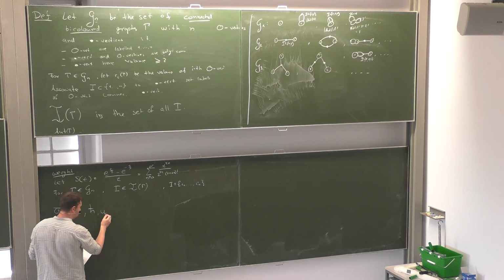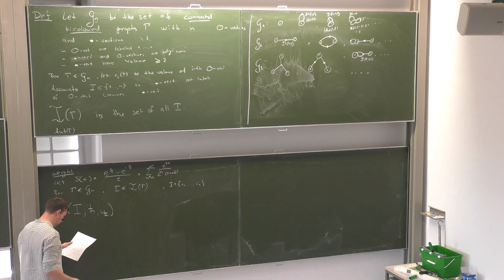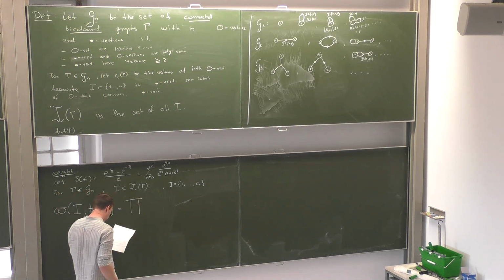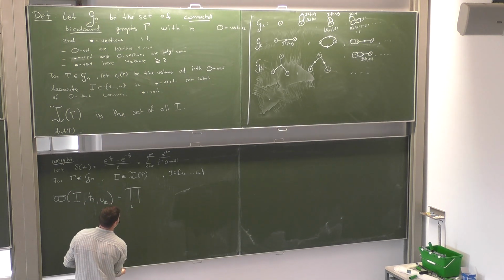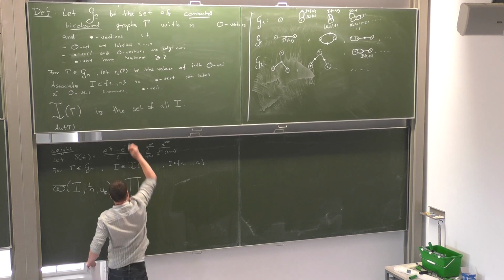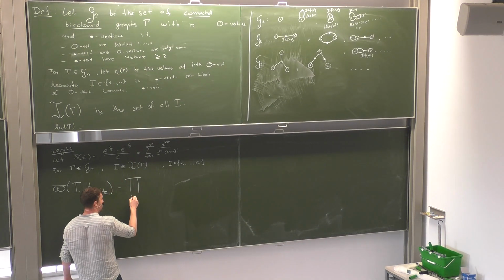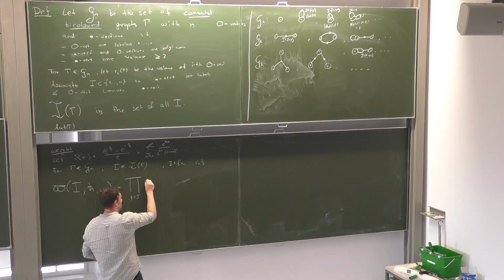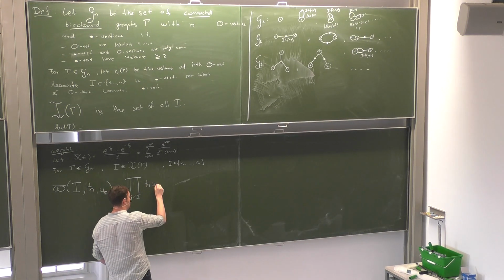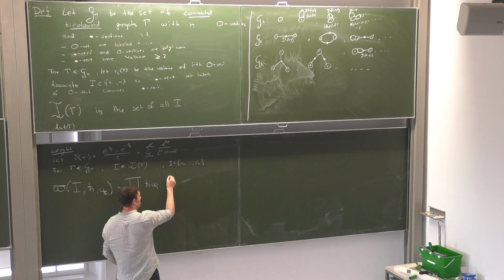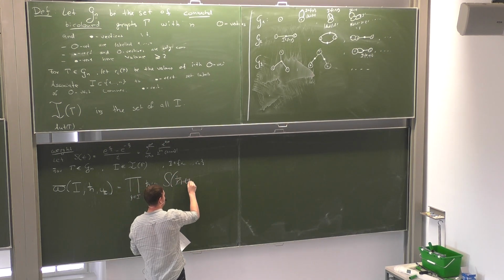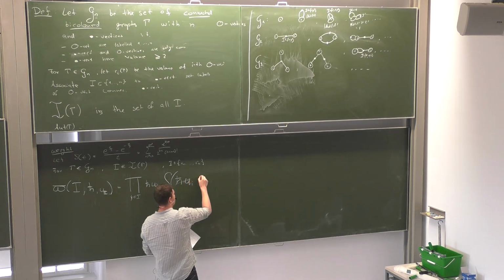So I collect them in a u_I to be the product over all these elements i_j in I of h bar u_ij, this function s of h bar u_ij.